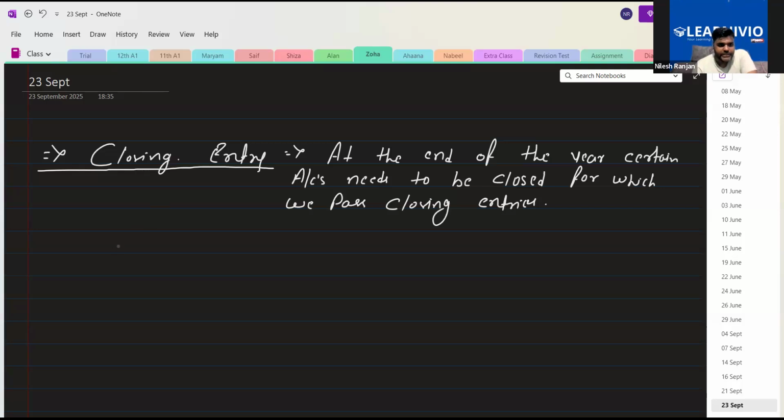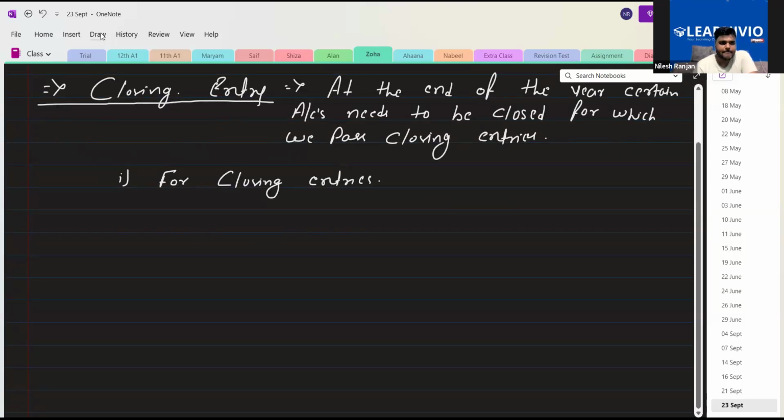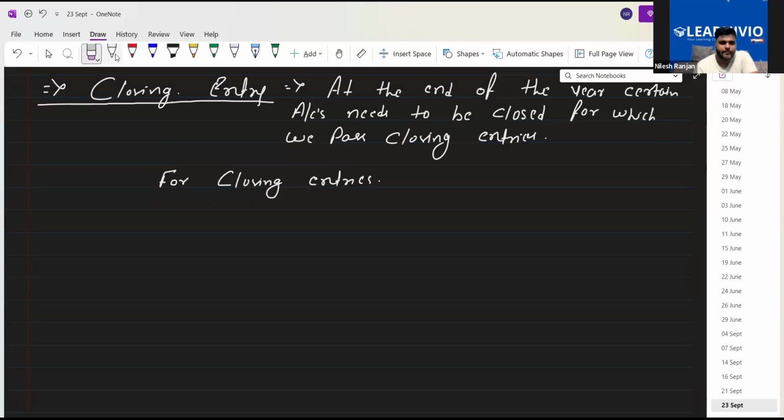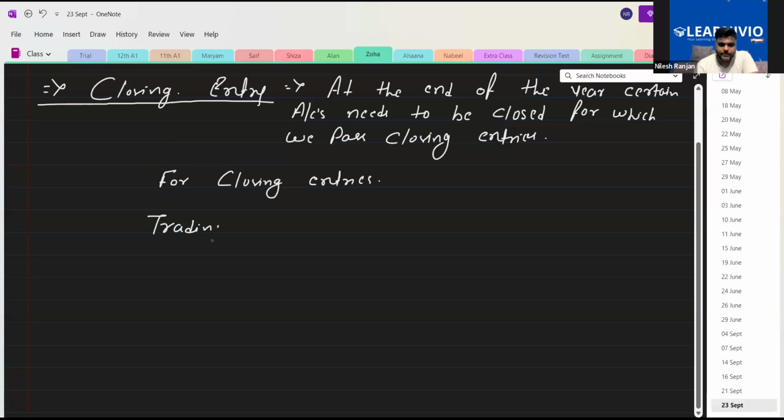Now the first entry I'm writing is, let's say, for closing. Actually, I'm simply writing closing entries, and one by one I will write all the entries. For closing entry, in the trading account we write opening stock.